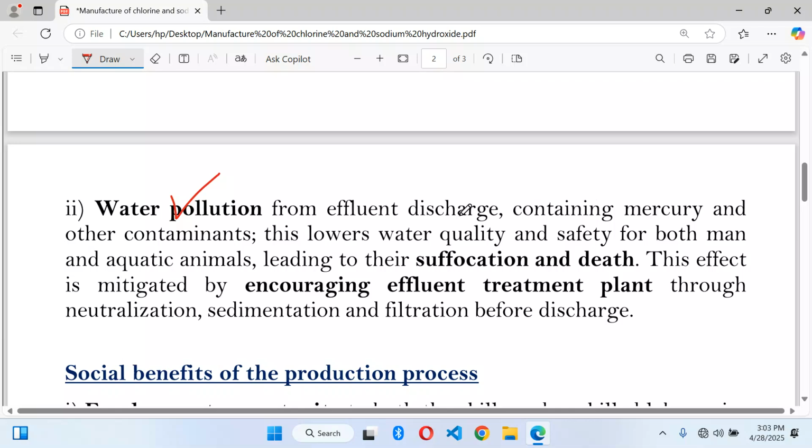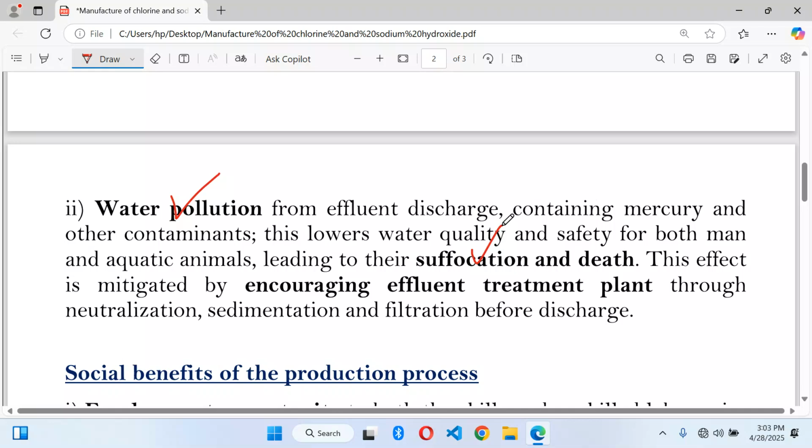When that effluent is discharged containing mercury and other contaminants, this lowers the quality and safety for both man and aquatic animals, leading to suffocation and death. It can be suffocation and or death of aquatic animals.